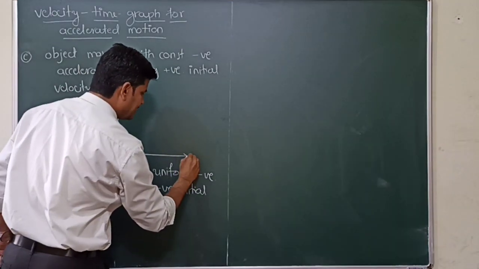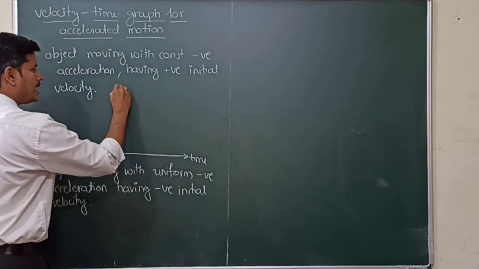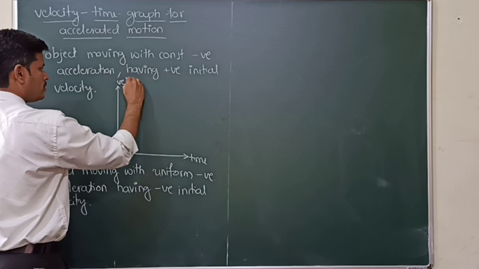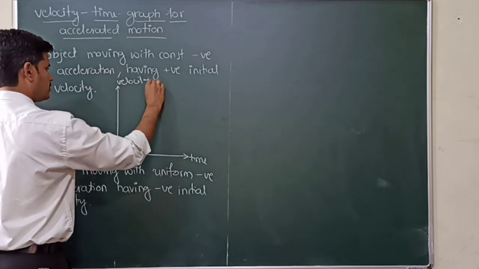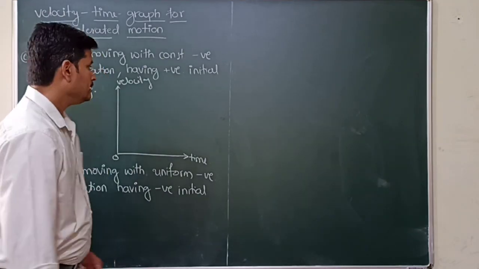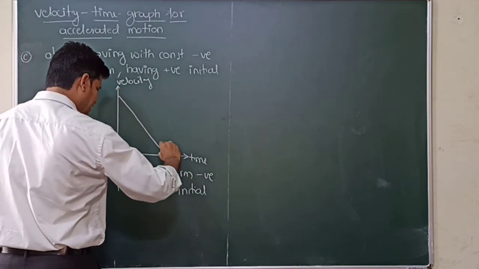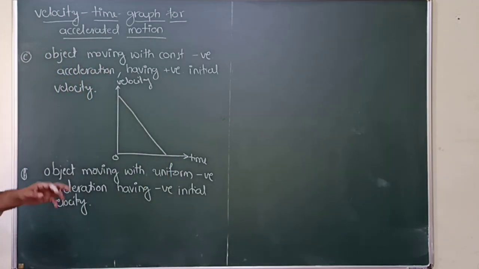Now see here, along the x-axis once again I am choosing time, and along the y-axis velocity. And this is the origin. For this we will get a straight line like this.